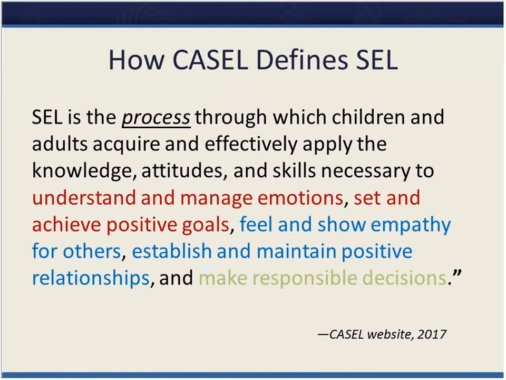So when CASEL talks about social emotional learning, what we're talking about is the process through which children and adults acquire and effectively apply the knowledge, attitudes, and skills necessary to understand and manage emotions, set and achieve positive goals, feel and show empathy for others, establish and maintain positive relationships, and make responsible decisions.